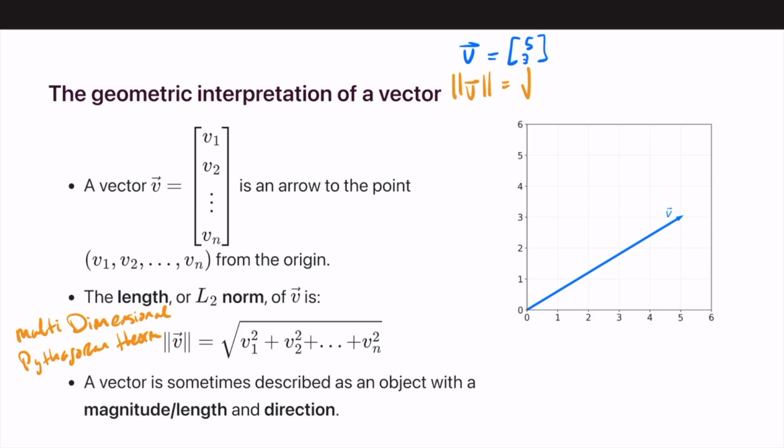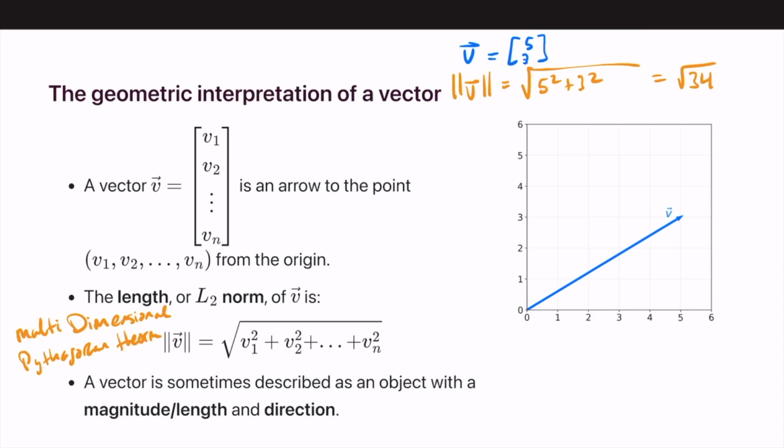It's equal to the square root of v1 squared plus v2 squared plus yada yada yada. In this case, we have 2 components, 5 and 3, so this will be 5 squared plus 3 squared. And that's it. That equals 34. Okay, so that's the length of this vector.